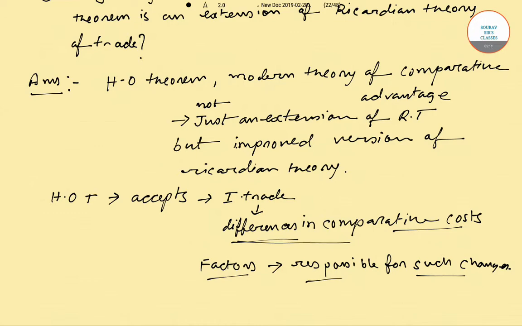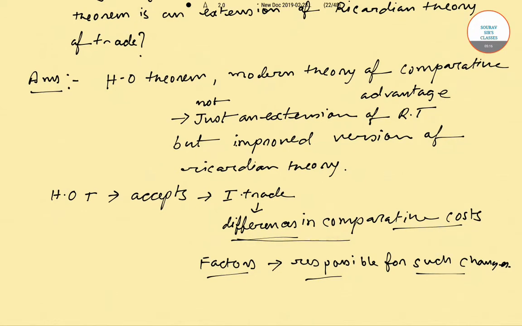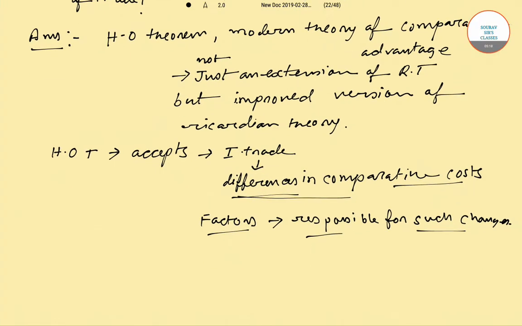Now it radically differs from Ricardian theory by assuming that production functions for different goods use factors of production in different proportions.